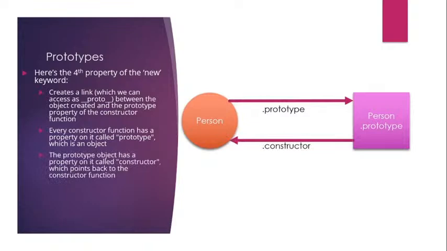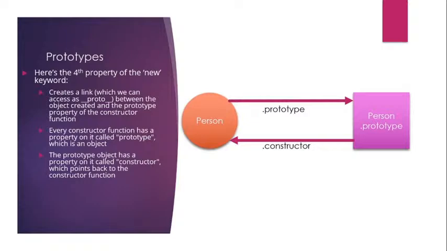The prototype object has a property on it called constructor, which points back to the constructor function. And you can see a long loop going on here. That is the constructor function having the prototype property, which is an object, and that object is further linking back to the function with another property called the constructor property.